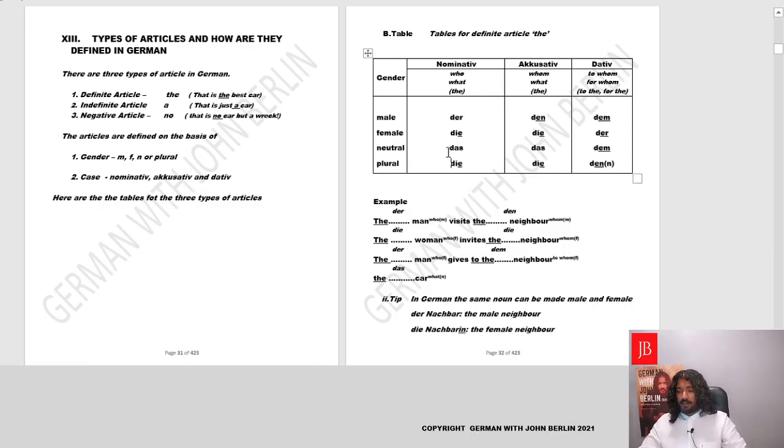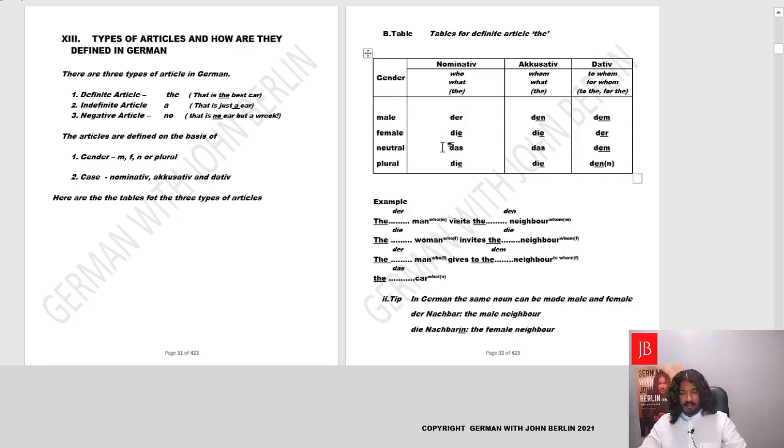First of all, let's quickly understand these articles according to the cases and genders. Let's say the question is who. The sentence could be any. If it's the person who's doing the action, masculine, let's say the man is doing the action, any verb, then it'll be der.